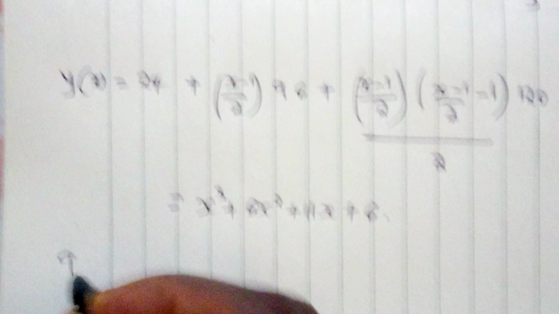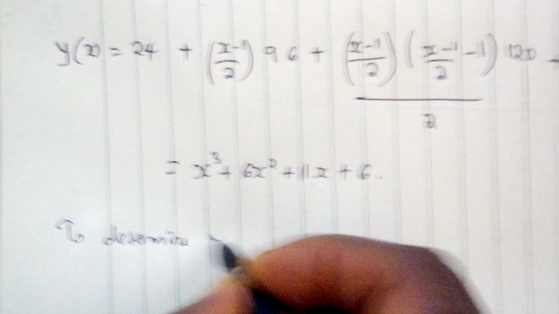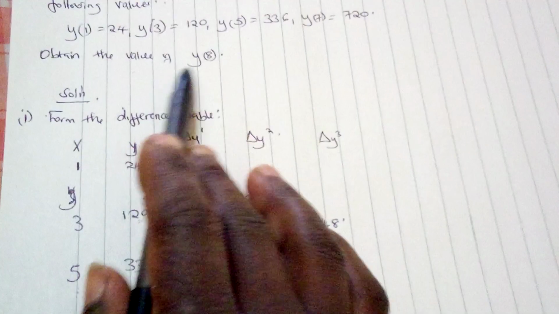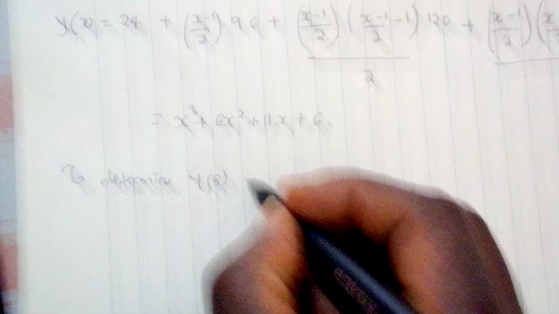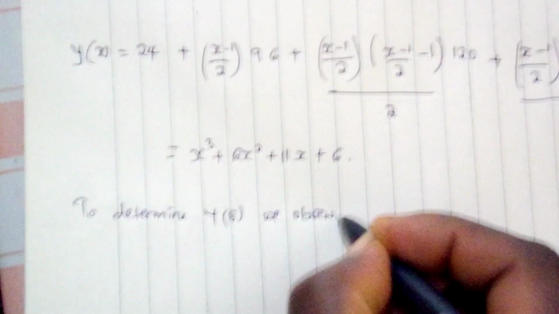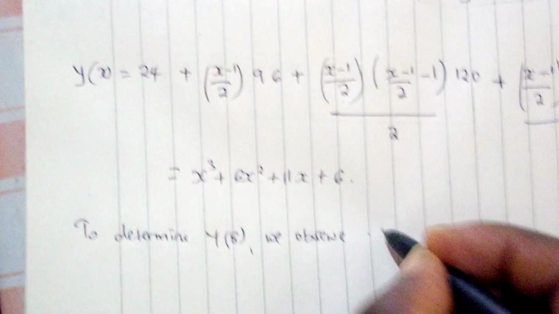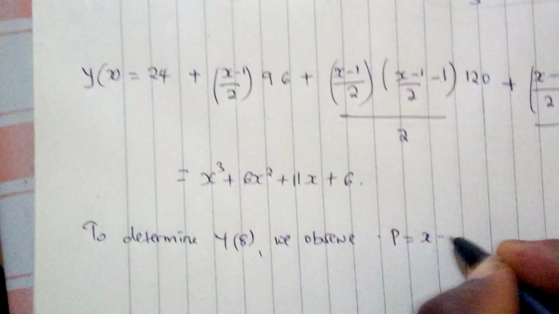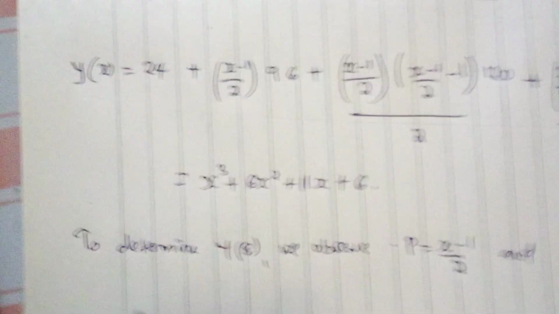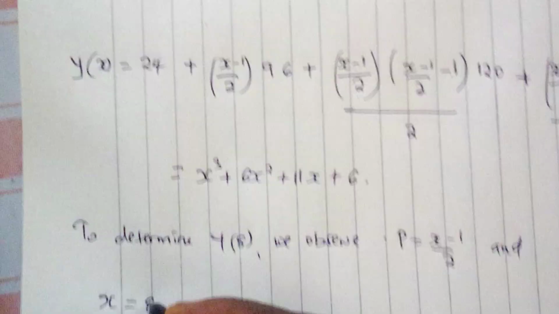So to determine y8, the one we were asked to obtain in this question, we observe that p is equal to x minus 1 over 2, and in this case our x is equal to 8.